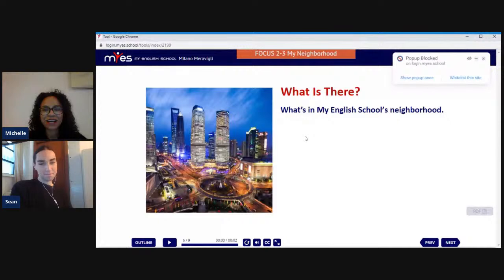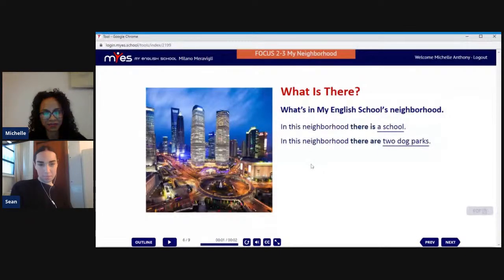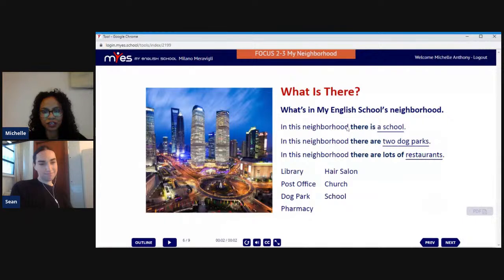Okay, what's in my English school neighborhood? So over here, it says in this neighborhood there is a school. In this neighborhood there are two dog parks. In this neighborhood there are lots of restaurants.